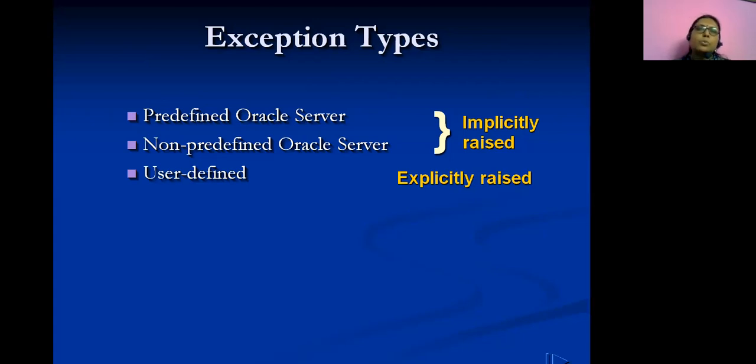Through our program, we raise it and we handle it. Now we are going to see how to handle these named, predefined exceptions via a program. We will see it in the Oracle 10G SQL environment. Now I am going to the SQL environment, sharing another screen.